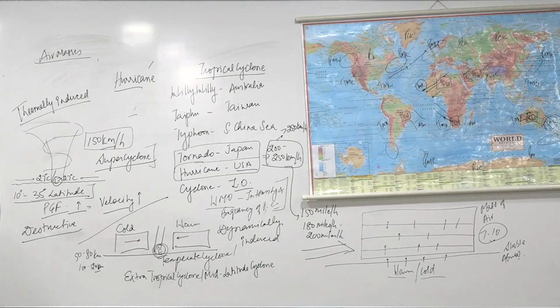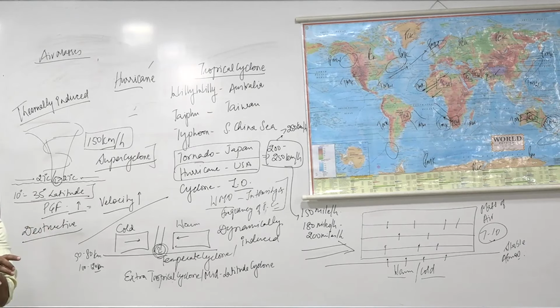Otherwise, in the summer season, cyclones do not occur in the Arabian Sea. Now see the impact. What was the impact of that cyclone? The winds which were supposed to reach India all converged into the cyclone system.